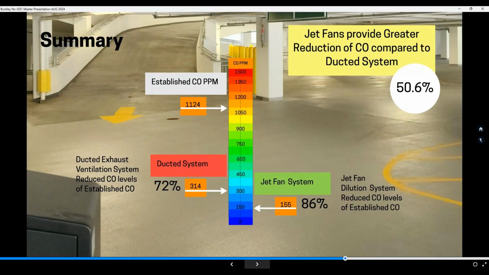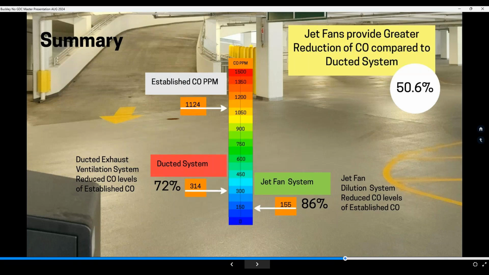But now we can start to look here. Let's summarize this with effectiveness. We started with 1124 parts per million based on the space with the shaft alone. Now the shaft, aided by the ducting system, reduced the carbon monoxide down to 314, which is a 72% reduction.